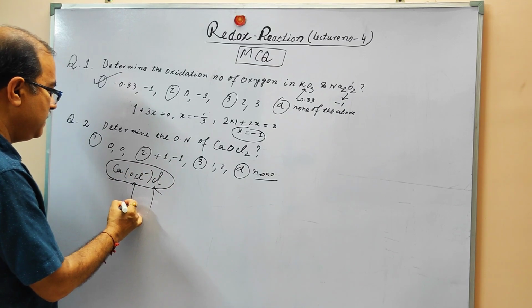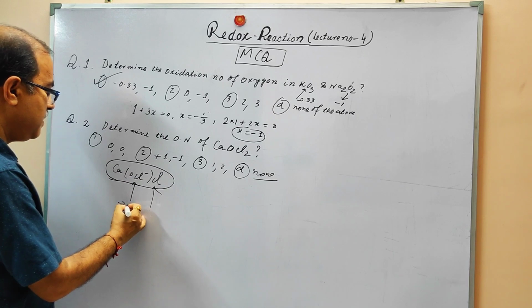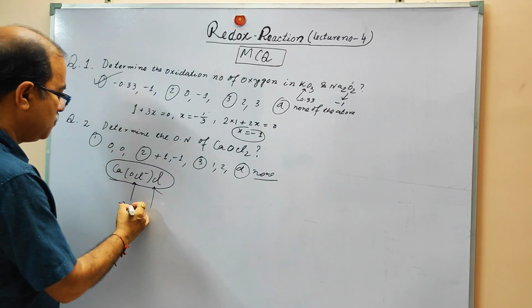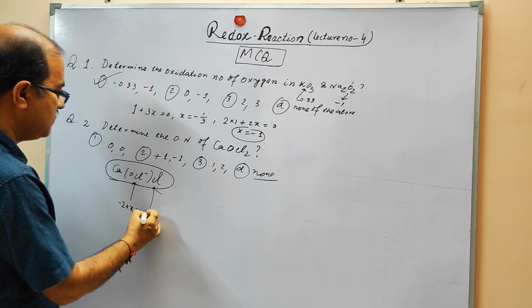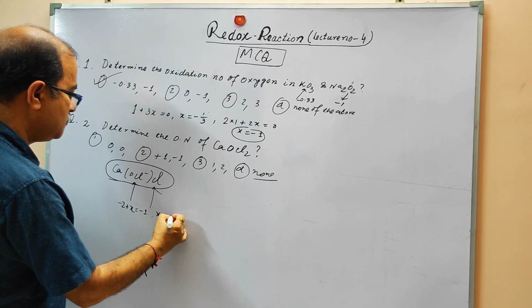We know -2 is the oxidation number of oxygen, and we have to calculate the oxidation number of the chlorine. This is X, and it is a charged one, that is -1. So what do we get? X is equal to +1.